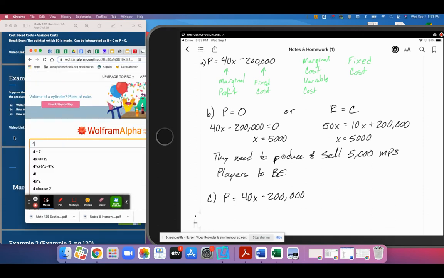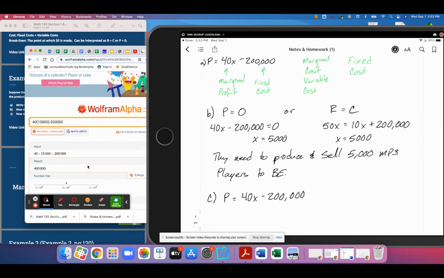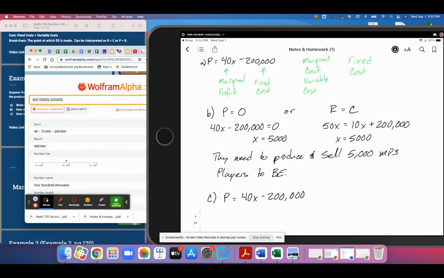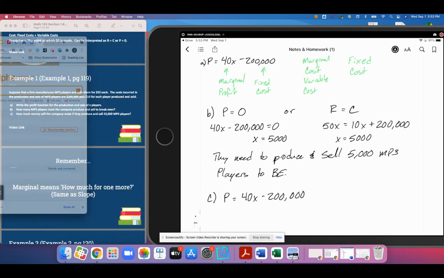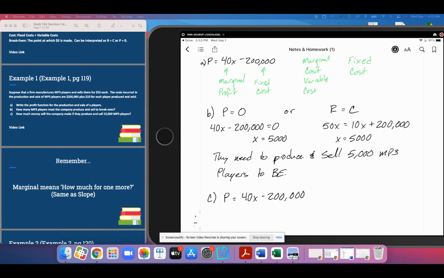So we are going to have 40 times 15,000. We're selling 15,000 MP3 players minus our $200,000 that it costs us to be in business, and the result is $400,000.